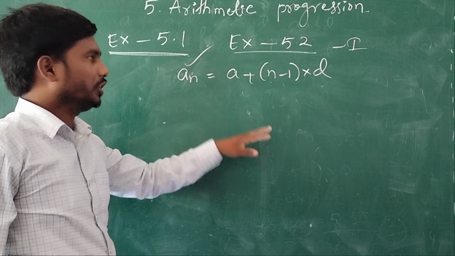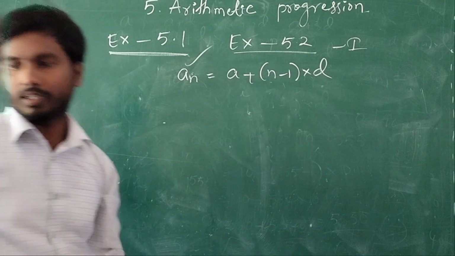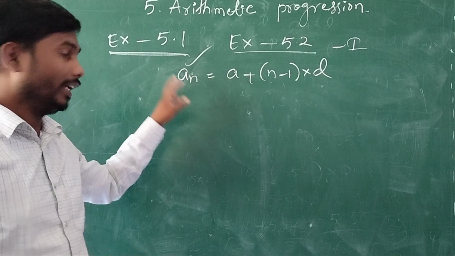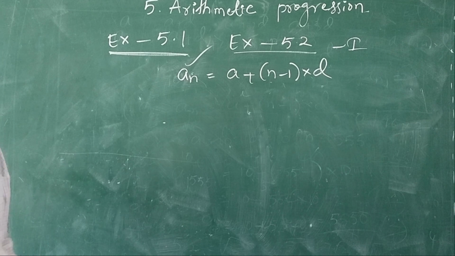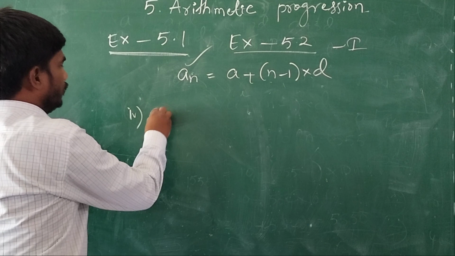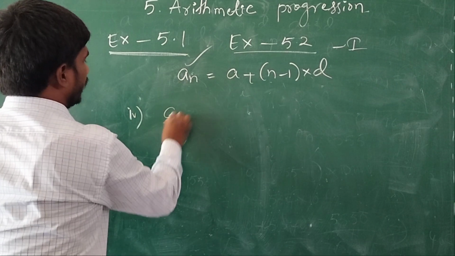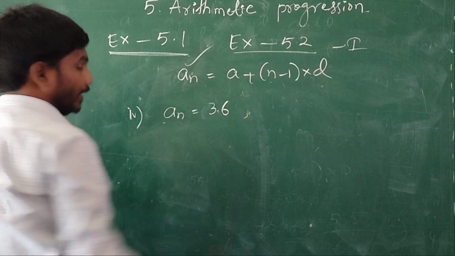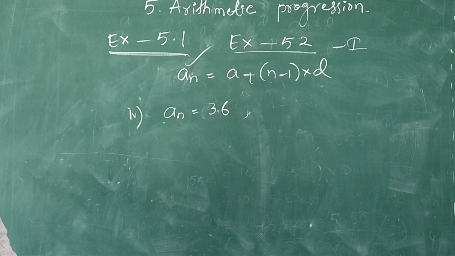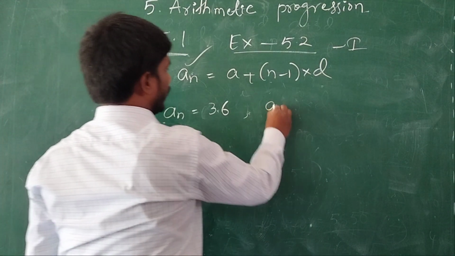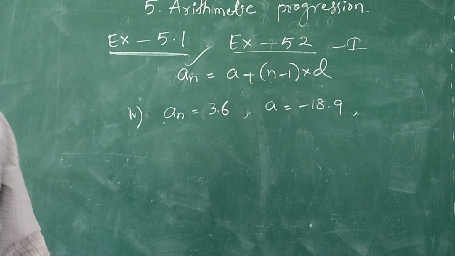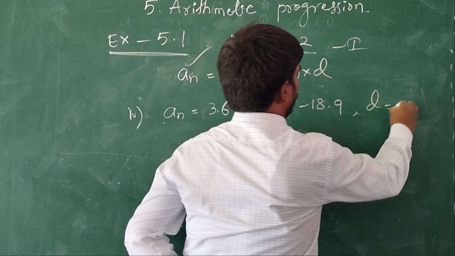In some other situations, an is given and he asks you to find d. For example, he will give an value 3.6, in the fourth problem of the first bit. Next, the a value is 18.9 and the d value is 2.5.